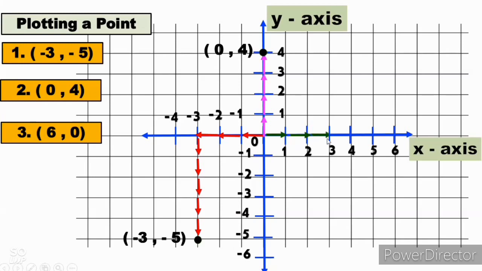We have 1, 2, 3, 4, 5, 6. Okay, and then place the point. And that is the point positive 6, 0. Okay, so that is how to plot the points on the Cartesian plane.